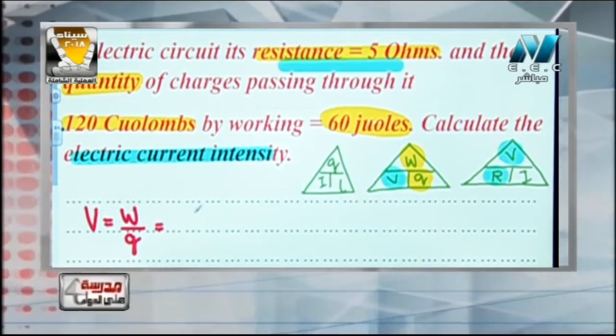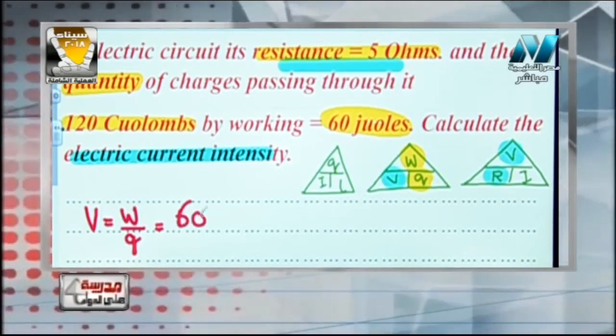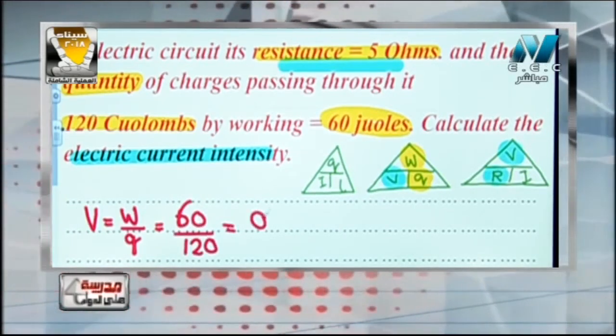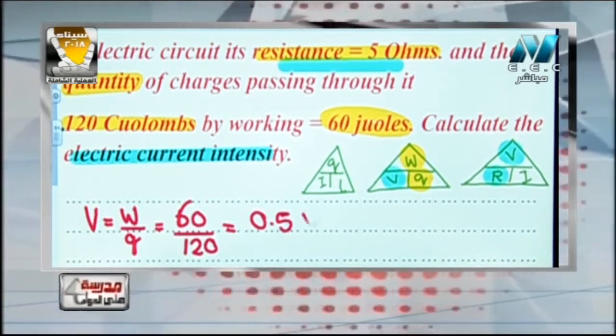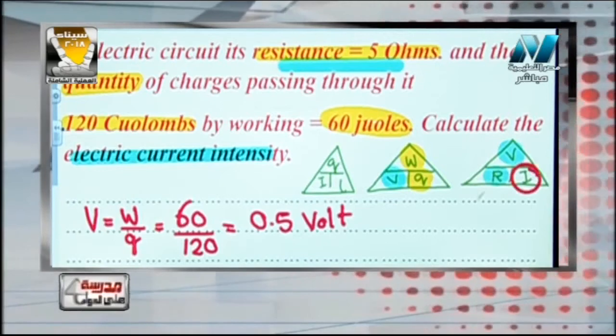Here W equals 60 joules over 120 coulombs, equal 0.5 volts. So now we can calculate the electric current intensity.